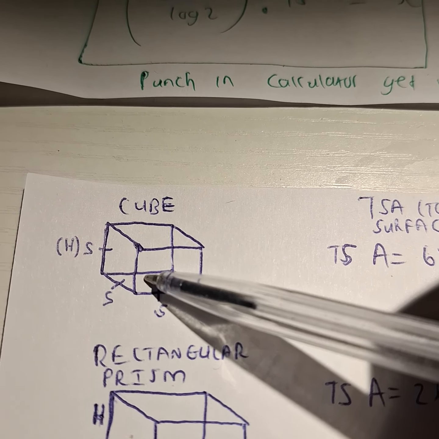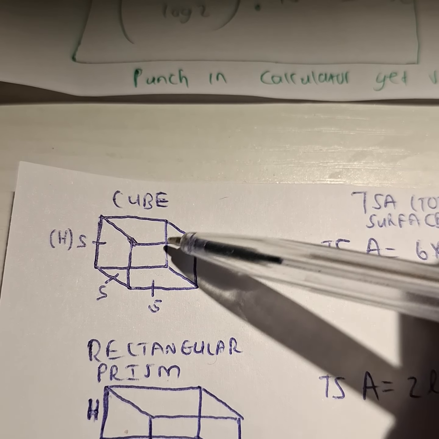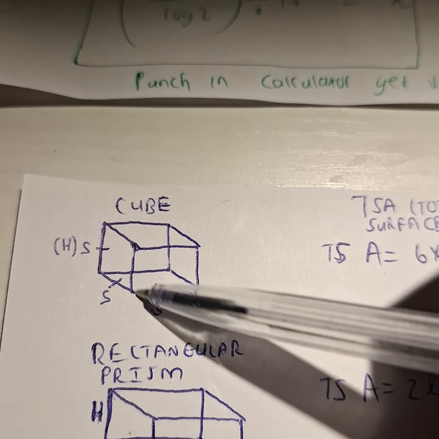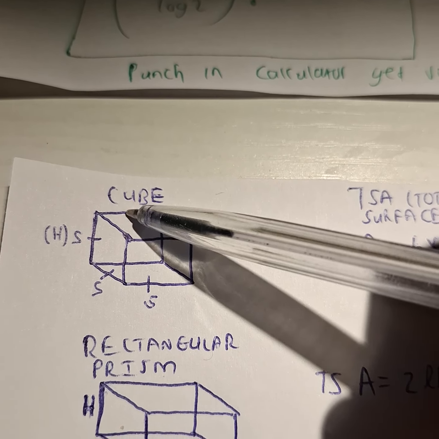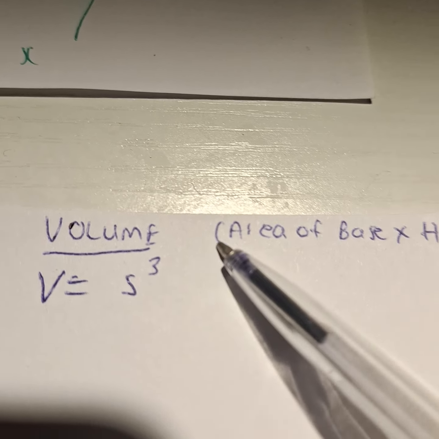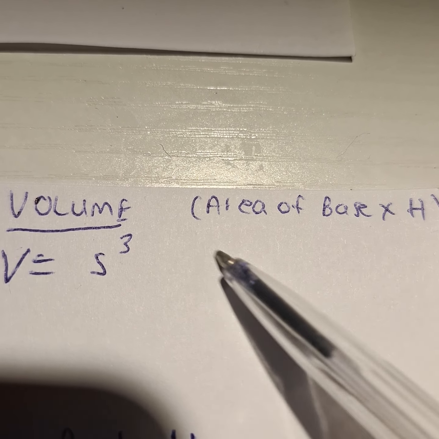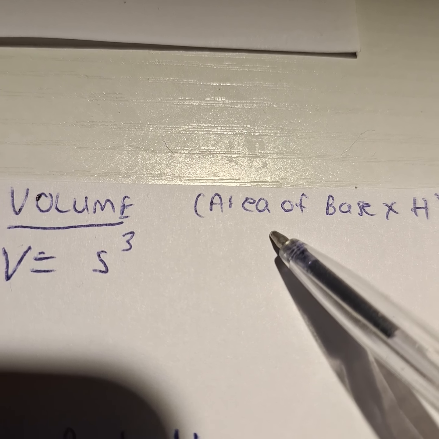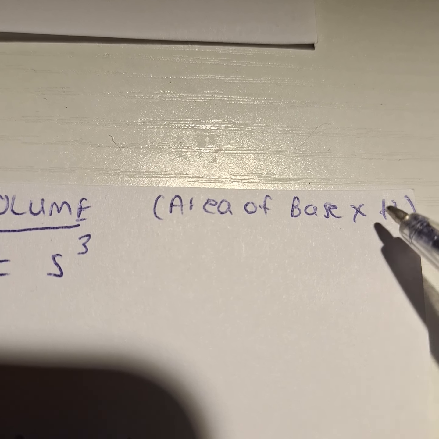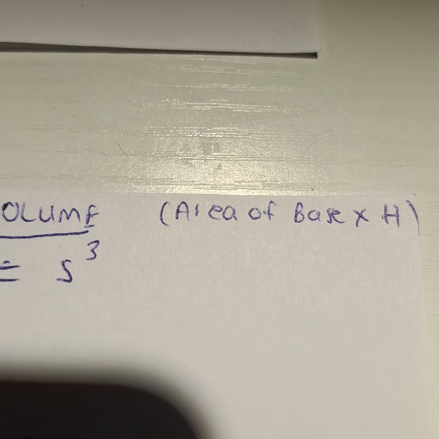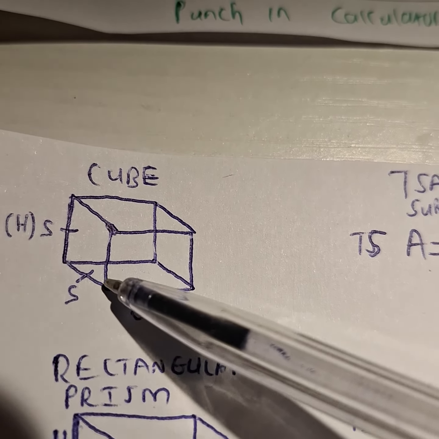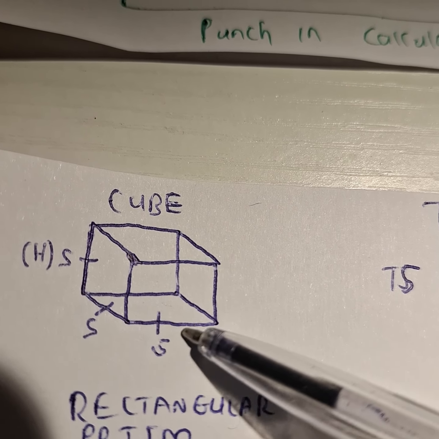Since the base is a square, you'll have the same square at the top. Volume is calculated by the area of the base of the three-dimensional shape times the height of that solid. If you look at the cube here, what you have as the base is a square.